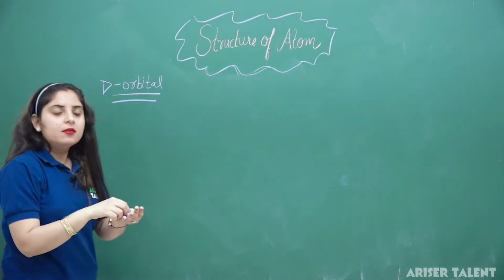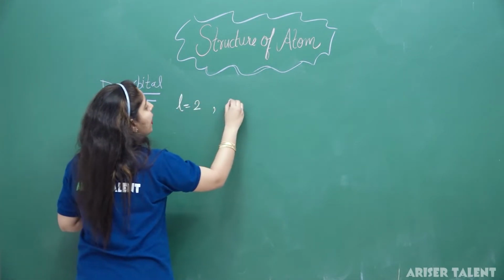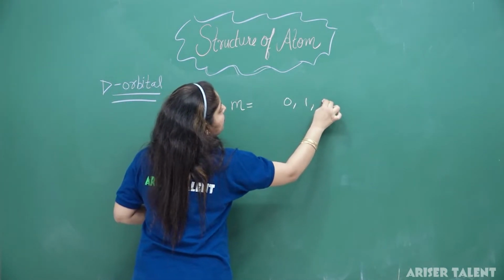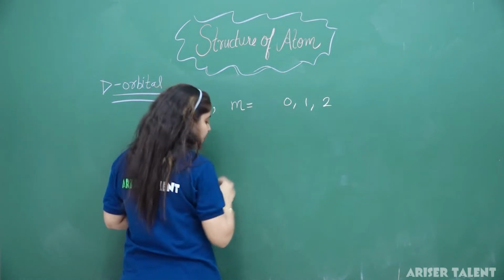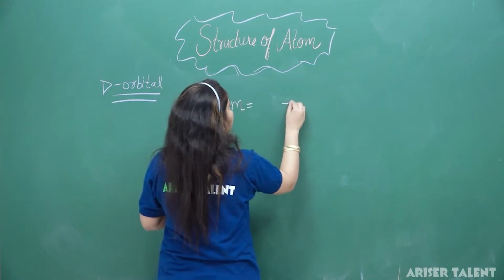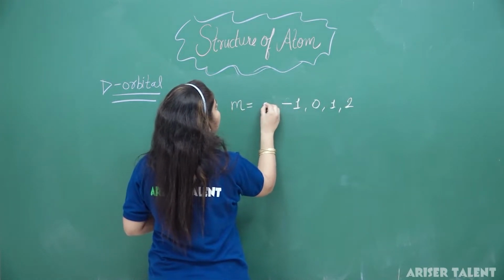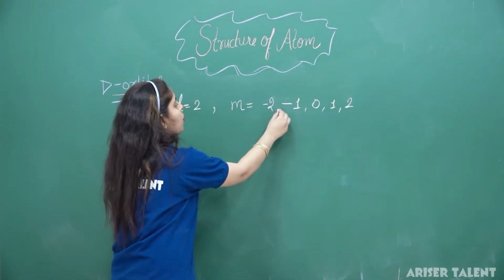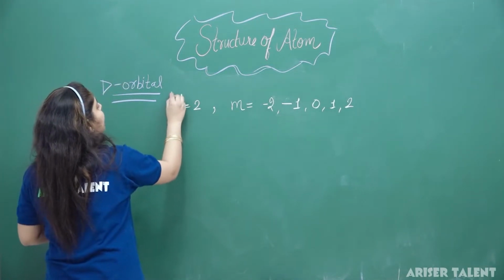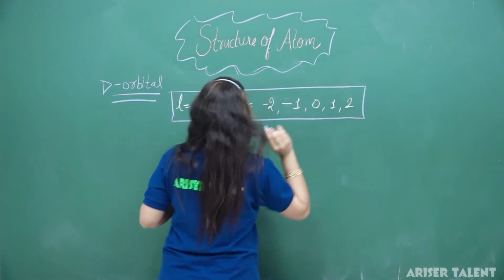If I consider the d orbital, l equal to 2, so we have 5 values of m: 0, 1, 2, and in the negative direction -1 and -2.